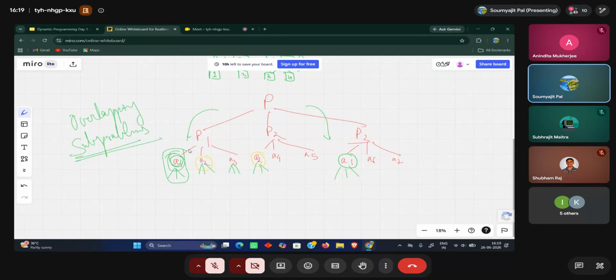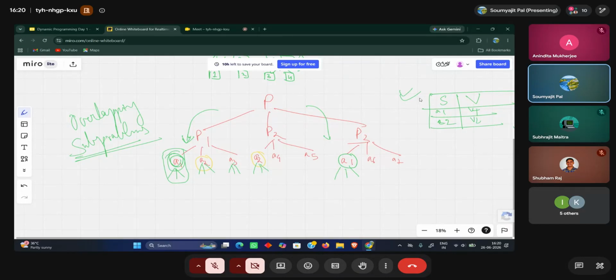Because if I have computed the result of this subproblem, I do not need to recompute it again. I need some memory. I can store the result, like some subproblem S and its value here. So the value of A1 here, and the value of A2, and then B2, B1. So it's a kind of memory structure I need.